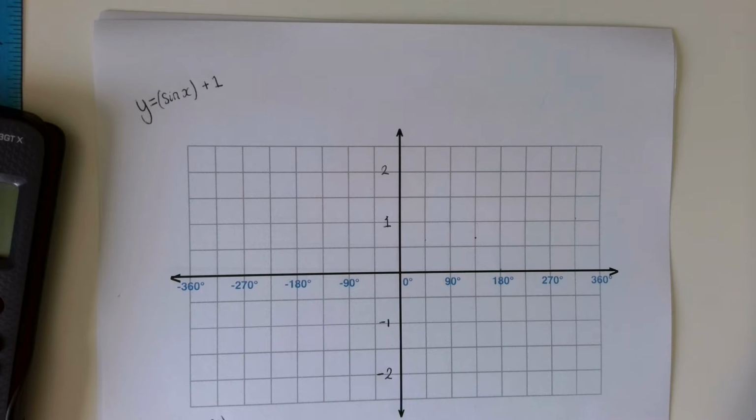So we can start off with a basic sine graph, a basic cosine graph, and then we could do various things to it. If you cast your mind back to just normal transformations, when we're transforming a shape on a set of coordinates, we can rotate, we can translate, we can reflect, and we can enlarge.